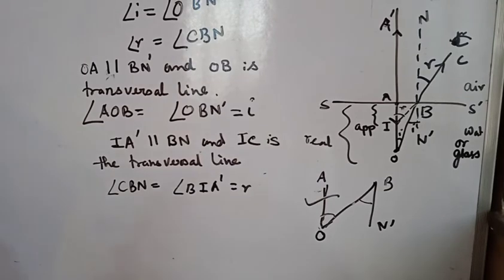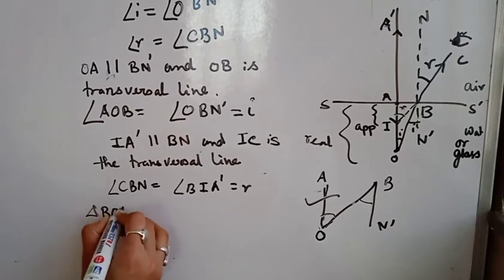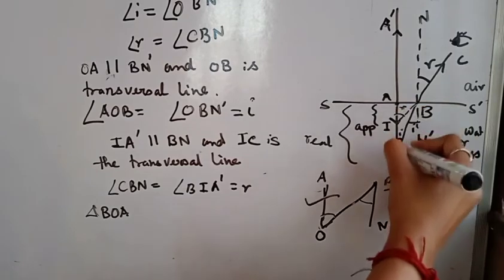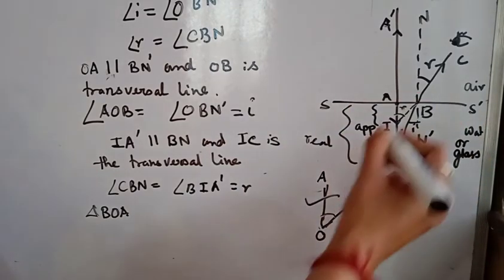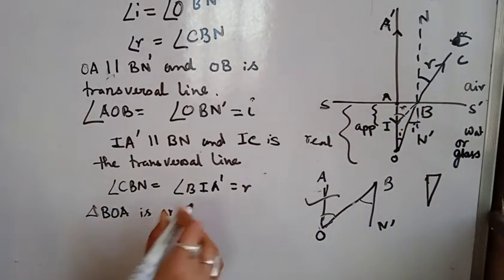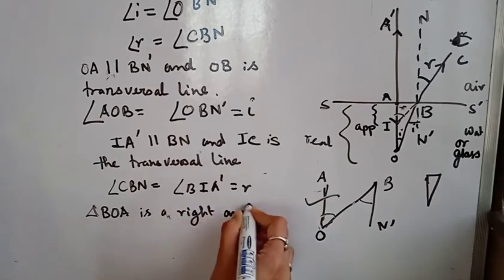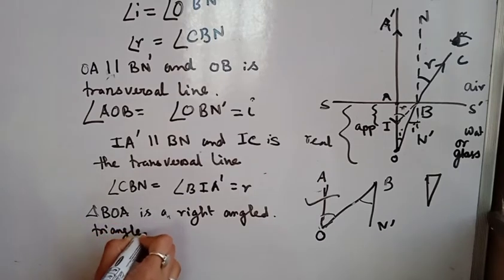Now we will take the triangle BOA, this small triangle I am taking. This is a right angle triangle, as we can see this angle is a right angle, so triangle BOA is a right angled triangle.